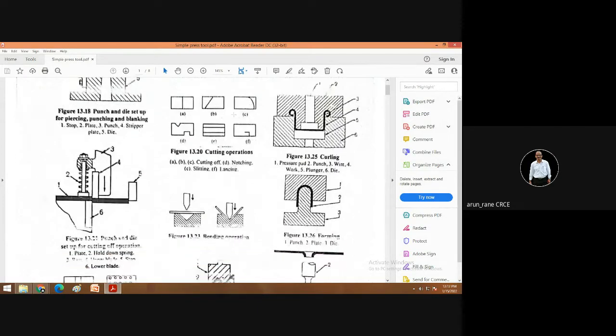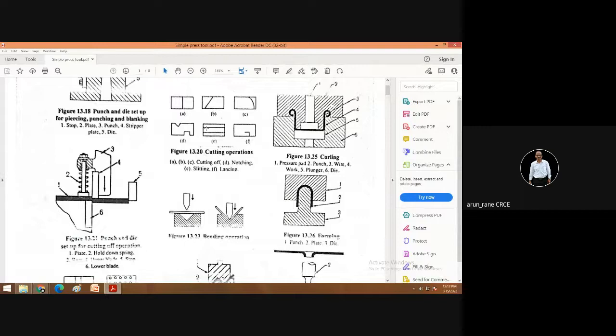These are the various operations. This is cutting off. This is again cutting off. In cutting off straight, cutting off incline, cutting off along radius. This is notching. ये notching है.